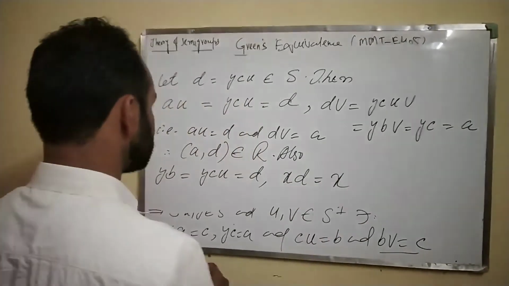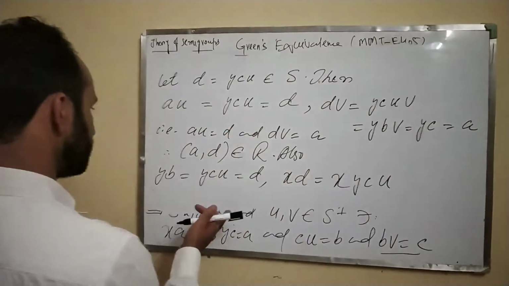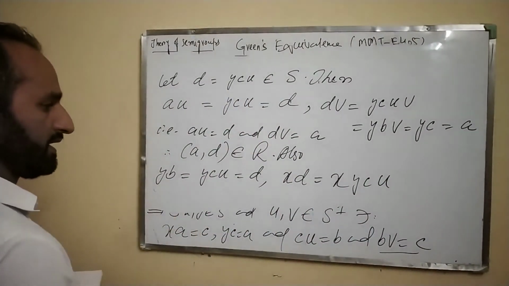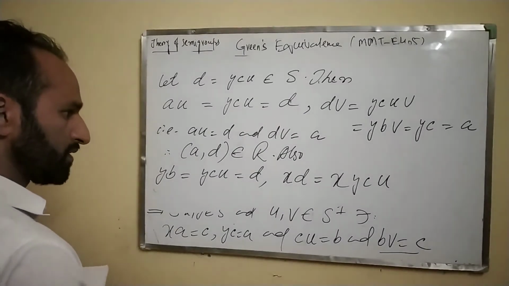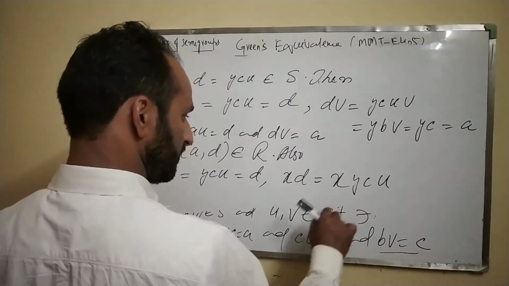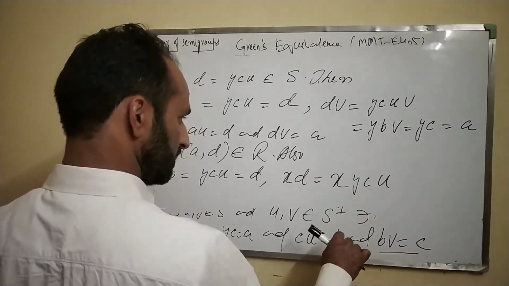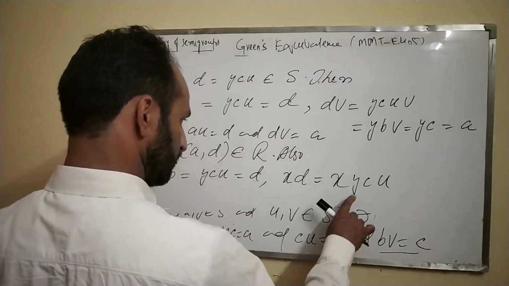X into D, what's D? D is YCU. So XD should be equal to B. So here CU is equal to B. So it will be XYB, or you can see this CU, YC.